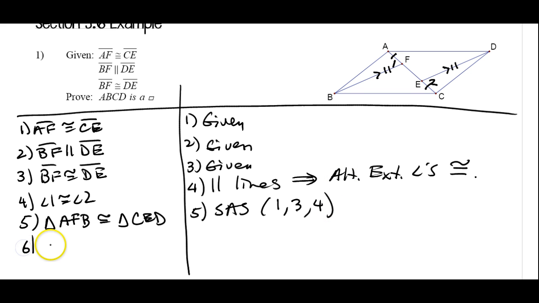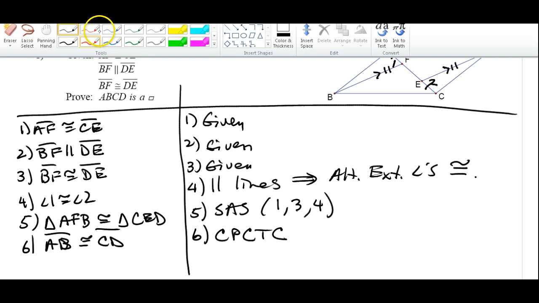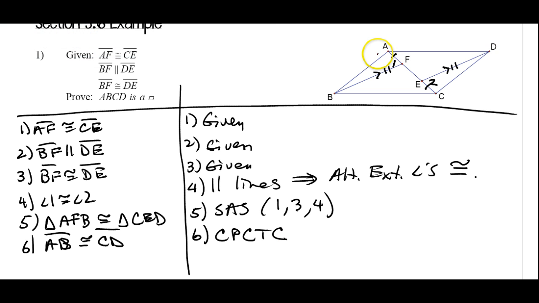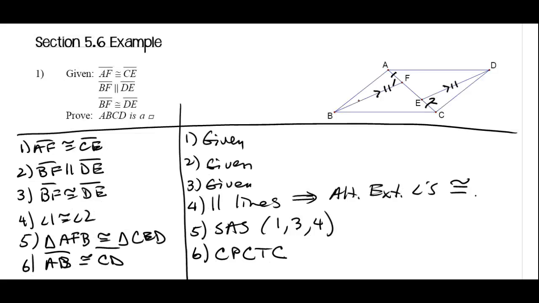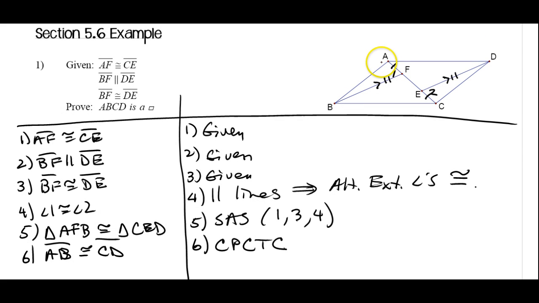And then from there, I can get AB congruent to CD by CPCTC. And I can also see that these angles over here, I've got angle 3 over there, and I've got angle 4 over there. Those are also corresponding parts, and I can see that those are alternate interior angles.